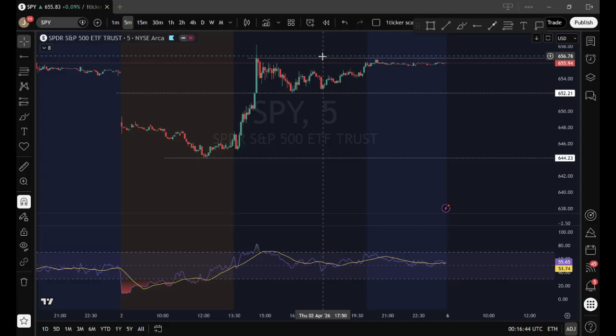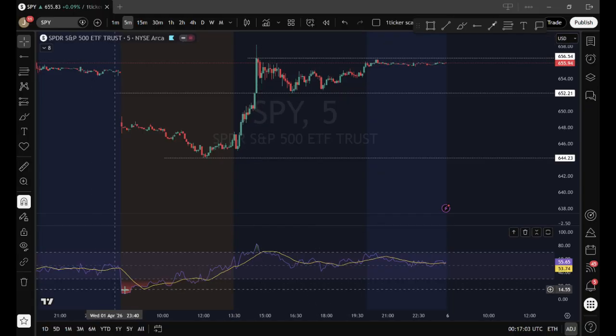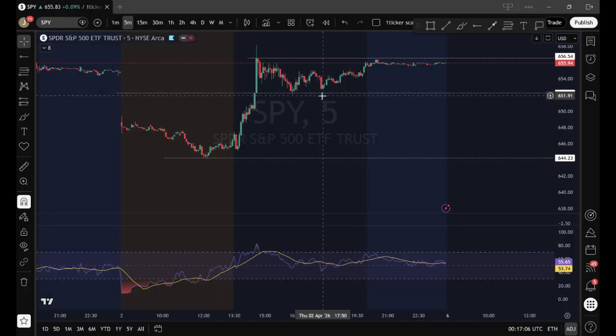Combine that and wait for price confirmation. Manage risk no matter what, and watch where the RSI is. Are we way overbought by the time we get up here to resistance, even if we have a wick that we break through? And if we're way oversold and we're way down here on our price action, you combine all this, you've got a good tool.